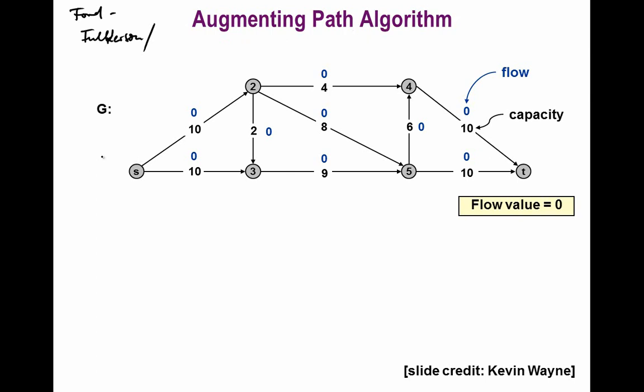So we have a source, we have a sink, and we have given through some higher power this directed graph G, where the capacities are indicated in black, and initially we have no flow whatsoever. And the aim of this algorithm is to find the maximum flow through this graph.